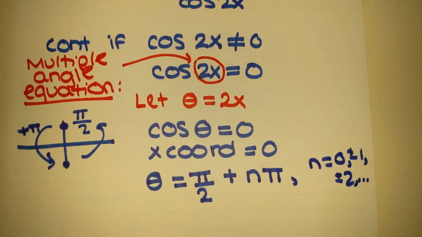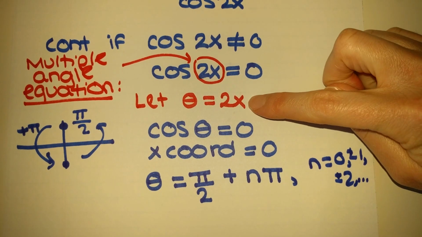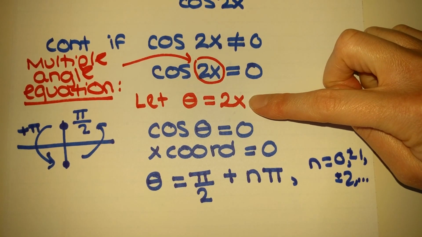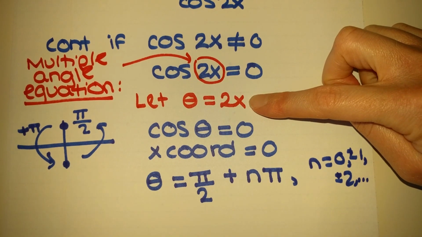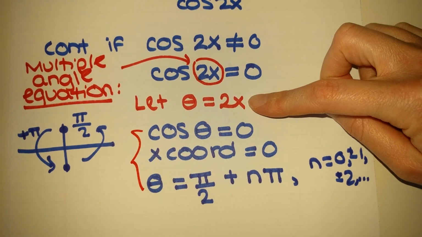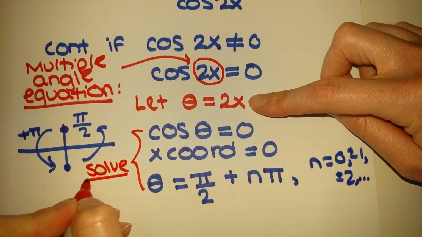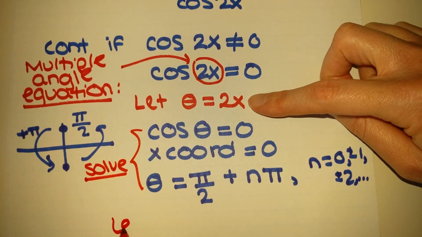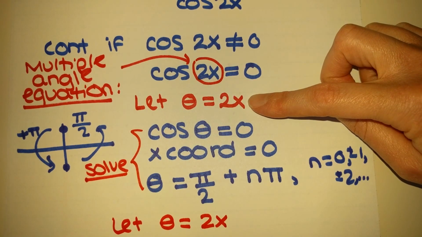Now, we were not interested in theta. We were interested in x. So the multiple angle equation is once you solve it, so you let 2x be equal to theta, you solve that equation, and then you go back to the fact that theta is equal to 2x and substitute in.